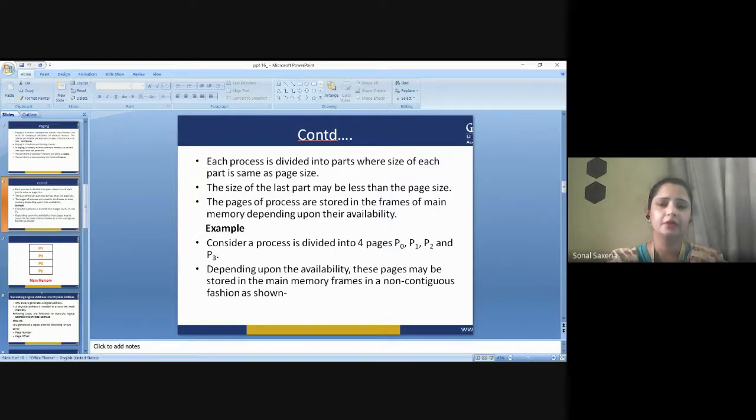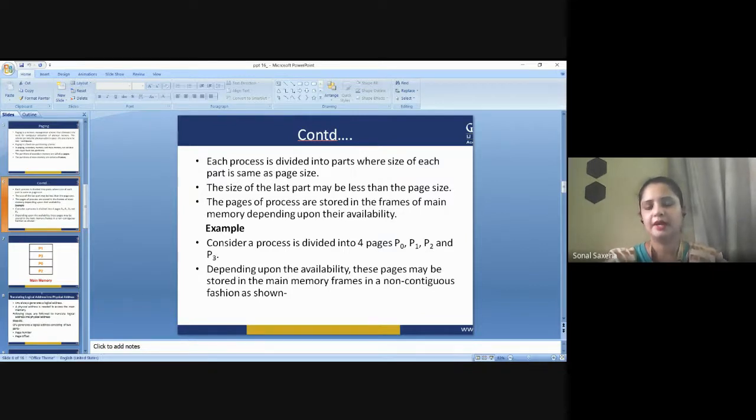Obviously it could happen. It is not always possible that, if your page is 2 bytes, the process can be equally divided into pages. Now let me tell you. Let's say I have partitioned my secondary memory into pages of 2 bytes each.